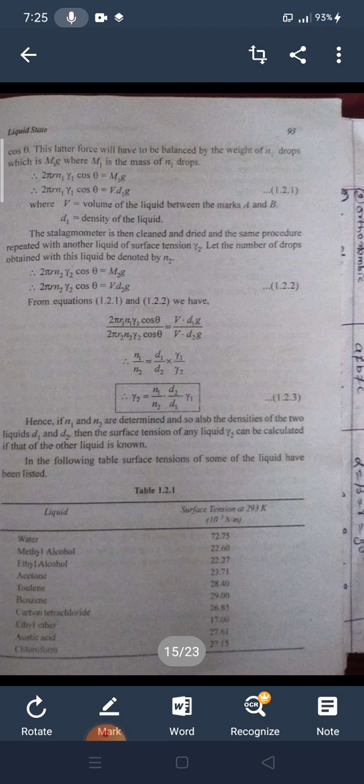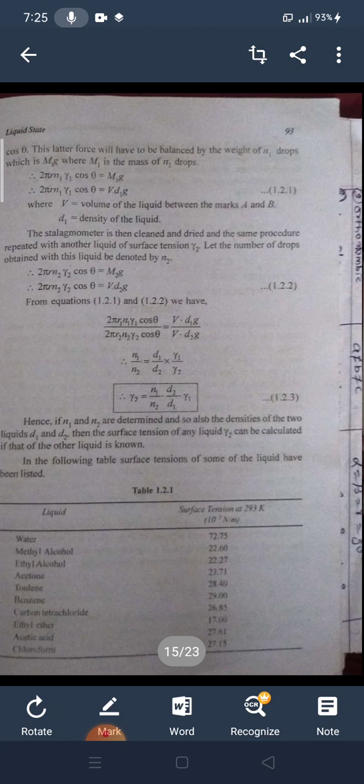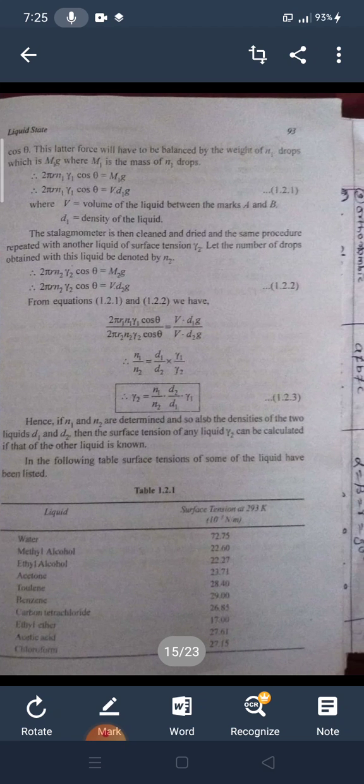Then, when you compare, you can determine that N1 by N2 is equal to d1 by d2 into γ1 by γ2, or γ2 is equal to N1 by N2 into d2 by d1 into γ1. Hence, if N1 and N2 are determined, and also the densities of the two liquids, then the surface tension of any liquid can be calculated if the other liquid's is known.